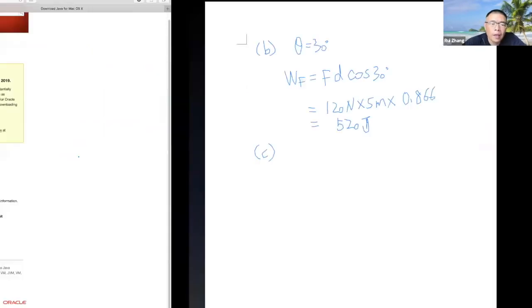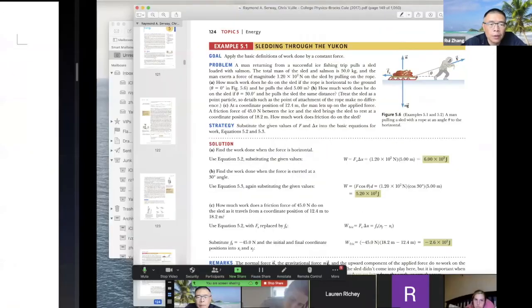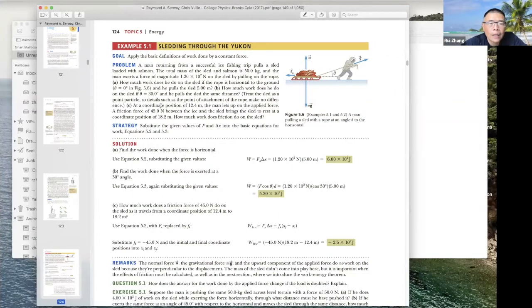So in part C, you're asking about some friction here at the coordinate position 12.4, there's a friction of 45 Newton, and then all the way to 18.2. Now it asks you how much work is done by friction.